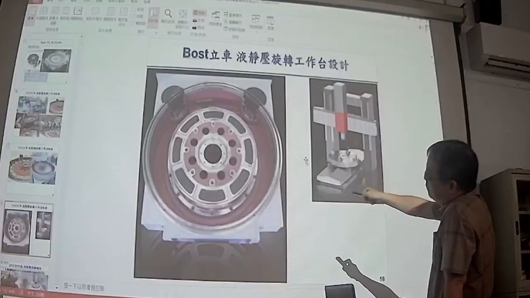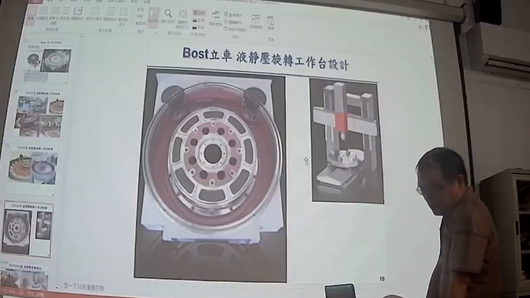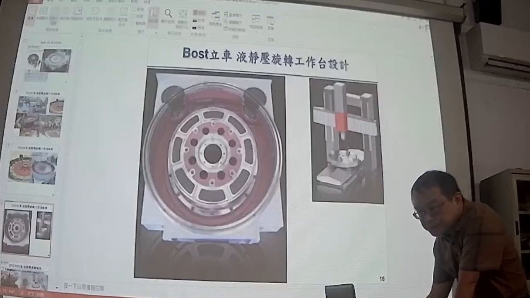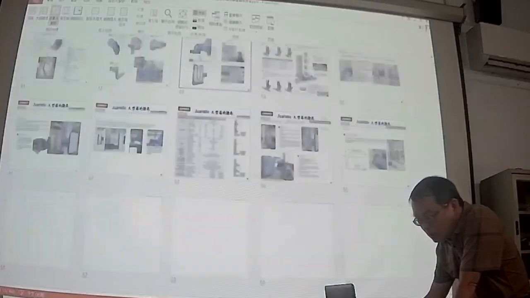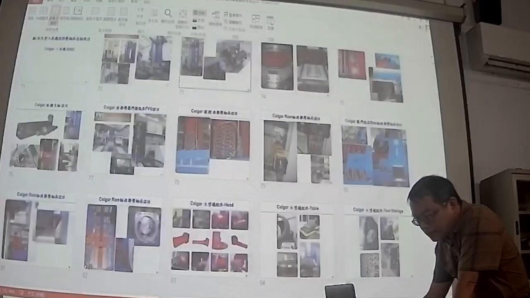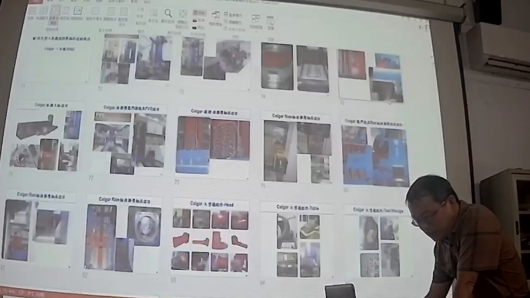Here you have only 8 recesses in this design. And for the slide table, the linear slide table is the same.